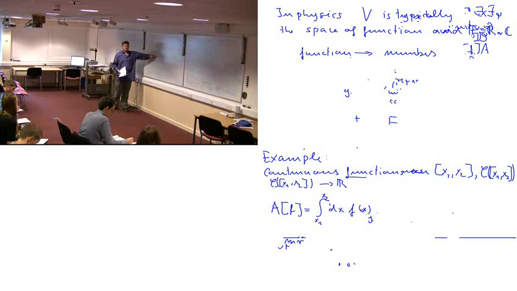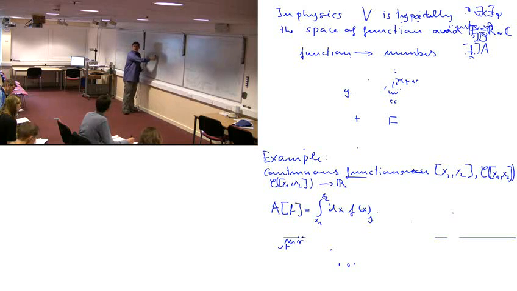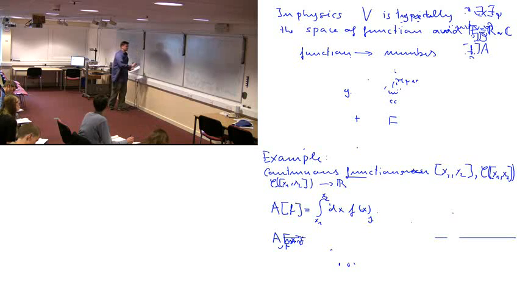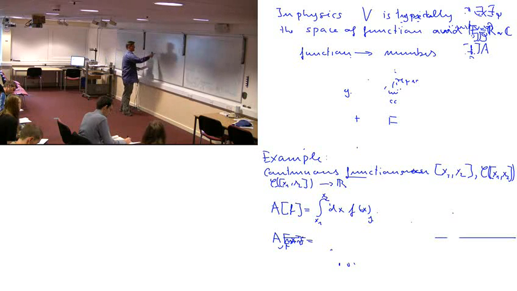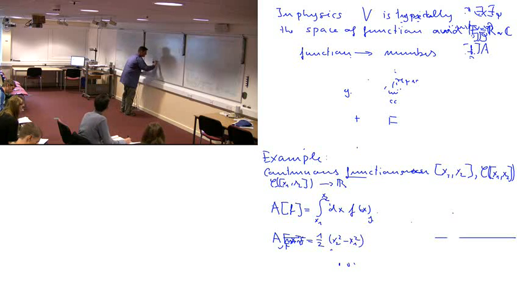The right-hand side is a number, which, of course, depends on the function we put in here. So, for example, if we take the function, which is simply x, we get out a number simply by integrating x over the interval x1 to x2, which is 1/2 x2 squared minus x1 squared.